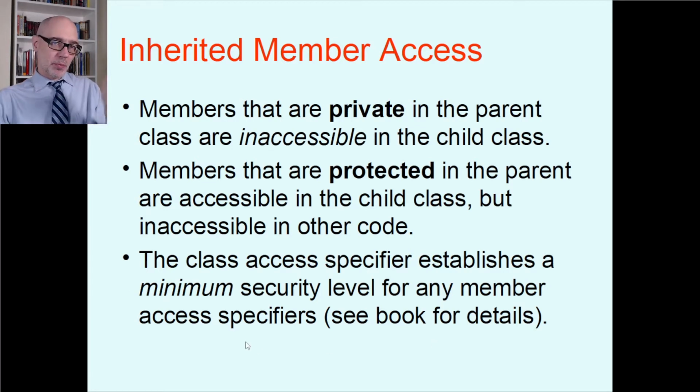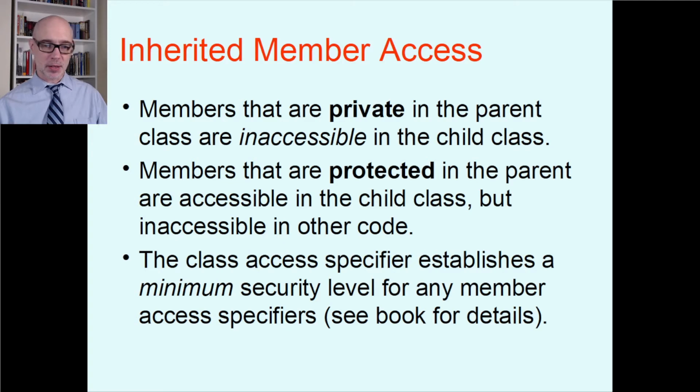So if you make your class access specifier public, it means that your child class functions could be up to public access, right? Which is very generous. So all the public stuff from the parent is also public in the child. And all the protected stuff in the parent is also protected in the child. Doesn't make any difference, okay? No changes in the access from parent to child.